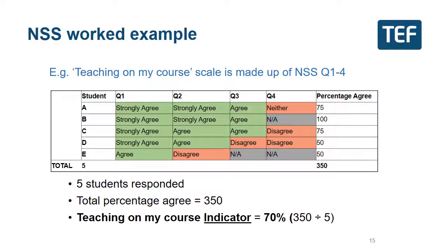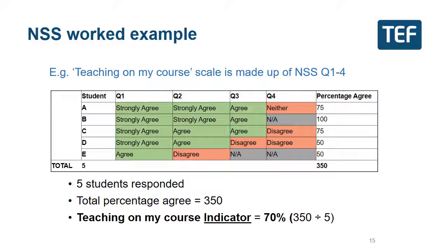So here's a worked example of calculating the NSS indicator. We've used a very simplified example with a very small sample of 5 students A to E, just for ease of illustration. In this example, student A has agreed to 3 of the questions and neither agreed nor disagreed to the 4th.